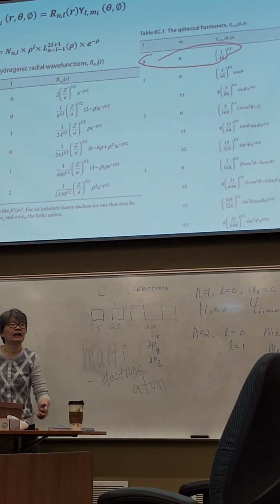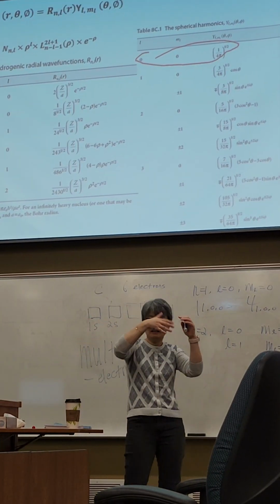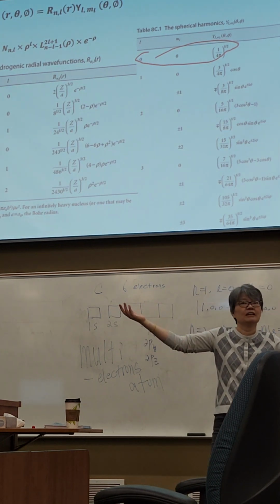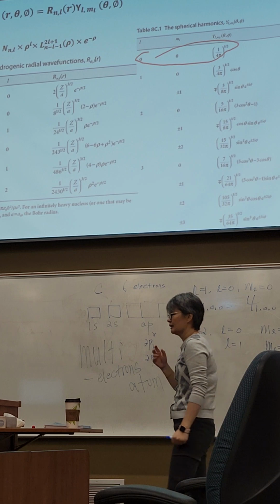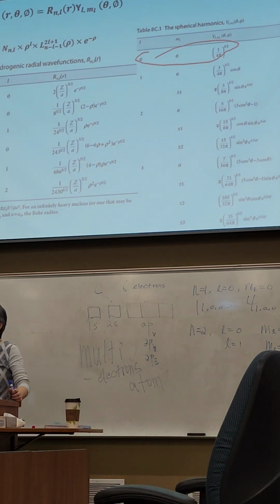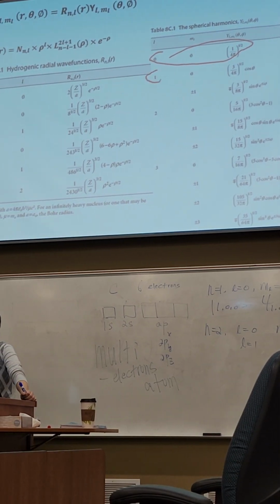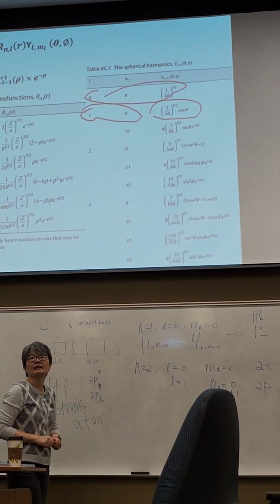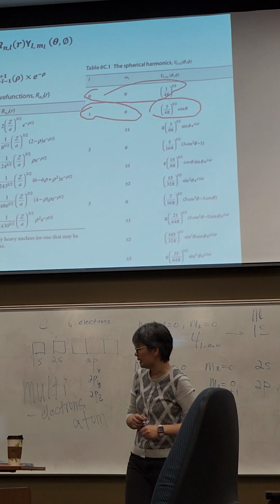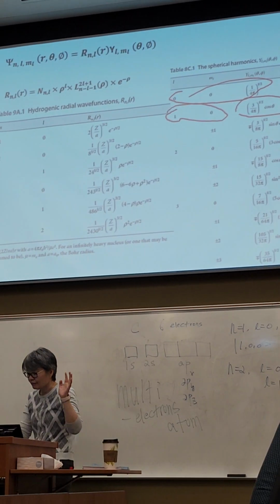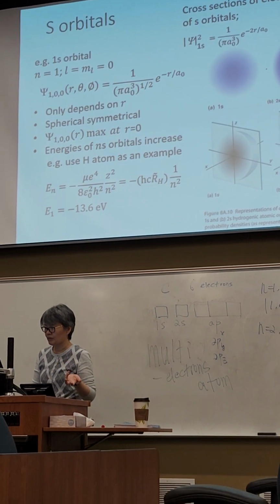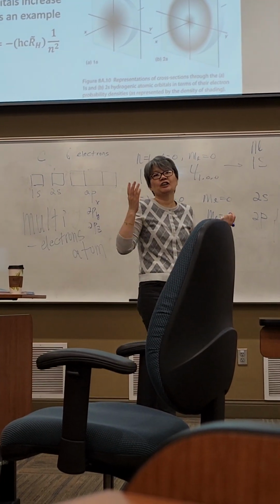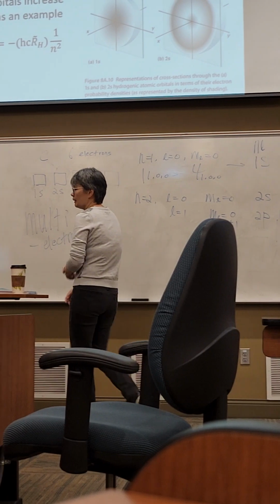So therefore, at any radius, once you have fixed the radius, the angular component is a constant. But if you look at L equal to 1 and M sub L equal to 0, this is no longer the case. Okay, so yes, it's only for L and M sub L both equal to 0, where the angular dependence vanishes. All right.